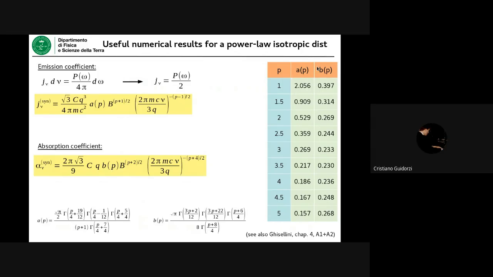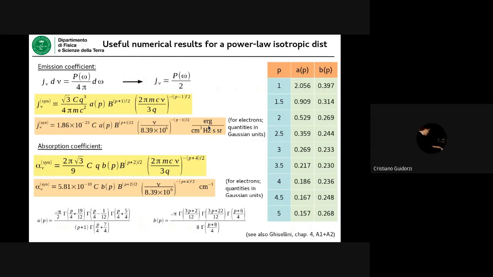Instead of using these numerical coefficients, it gives you some very approximated formulae, which is also very useful. You see a lot of constants here, the charge of the electron, mc squared, and so on. If you think of electrons, you can immediately replace the value of the charge of the electron with the mass and everything. And in Gaussian units, you have this very handy form.